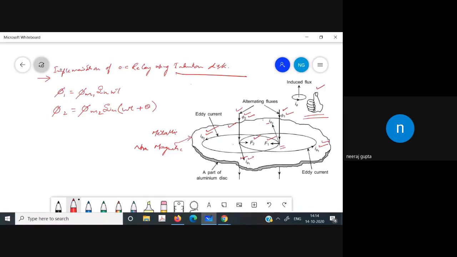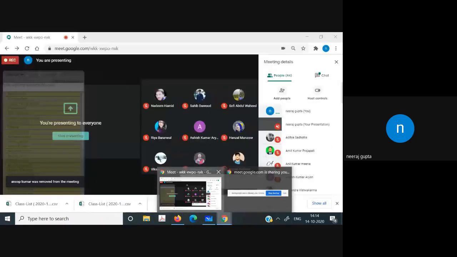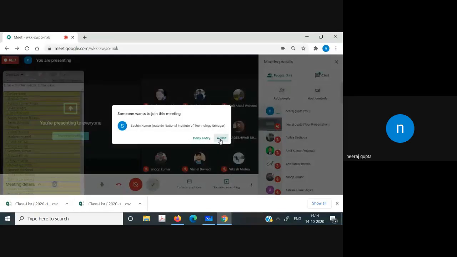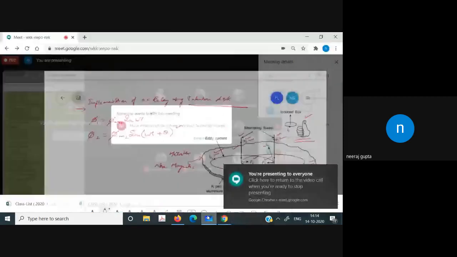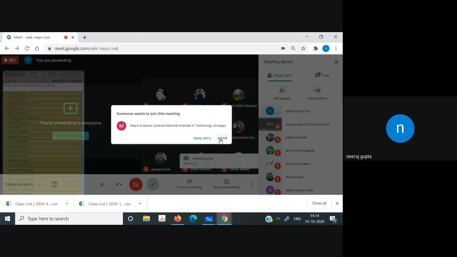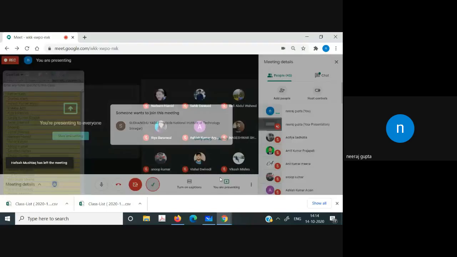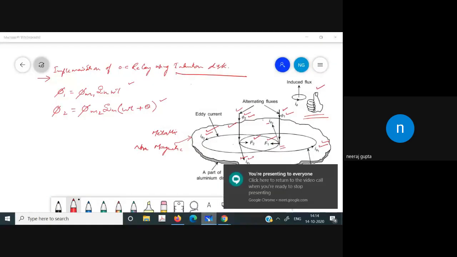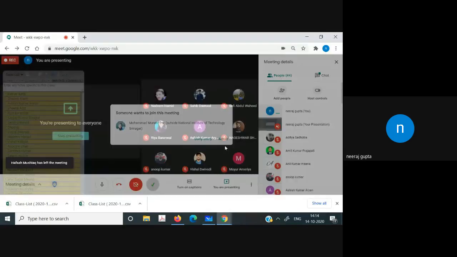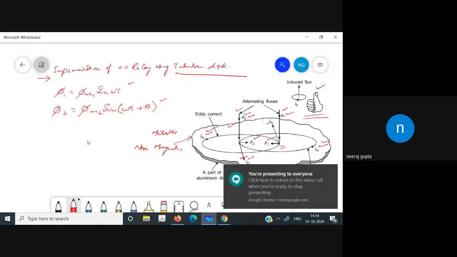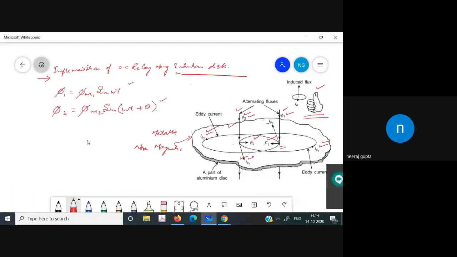Now, let us suppose that we have the flux phi1 given by phi m1 sine of omega t, and phi2 given by phi m2 sine of omega t plus theta.